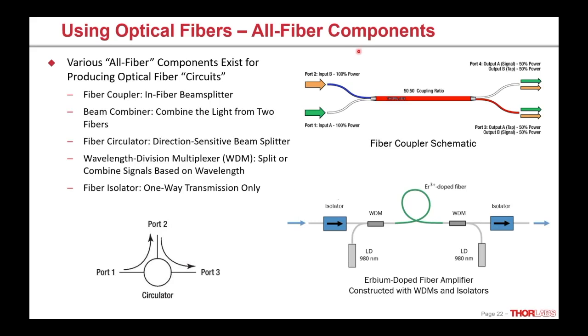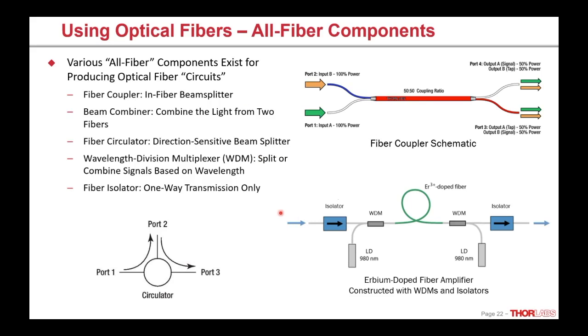The idea here is there's one or two input fibers, and then inside the coupler, two fiber cores are brought into close proximity to each other, thereby allowing some crosstalk or coupling of the light between the fiber cores. And in this way, we can split signals, we can combine signals, and it really works as an in-fiber beam splitter. So beam splitter would be the analogous optic in the free space optics world.